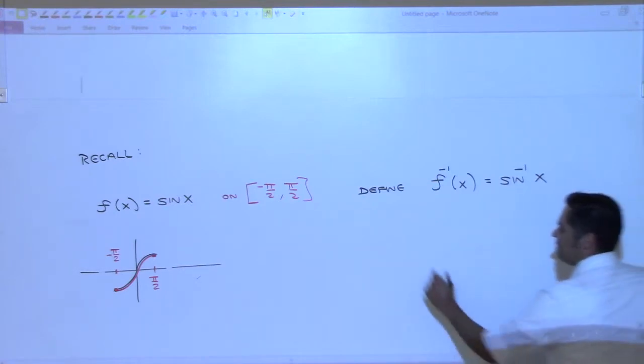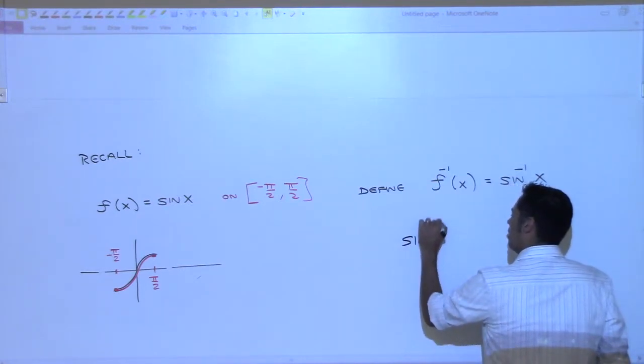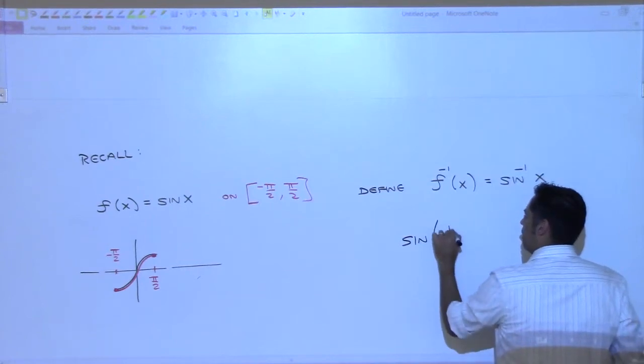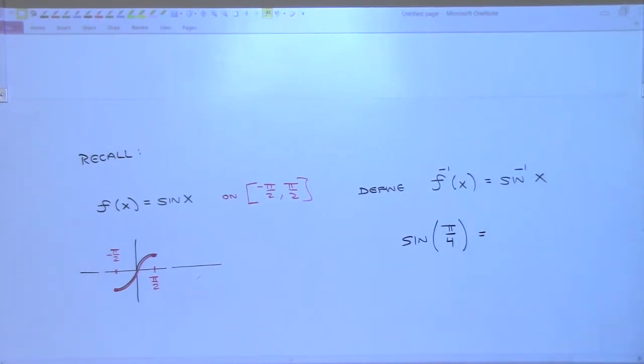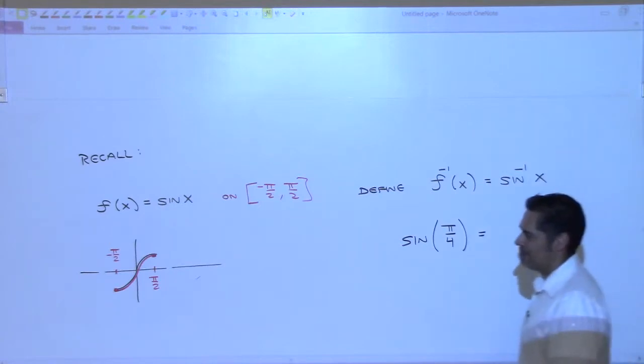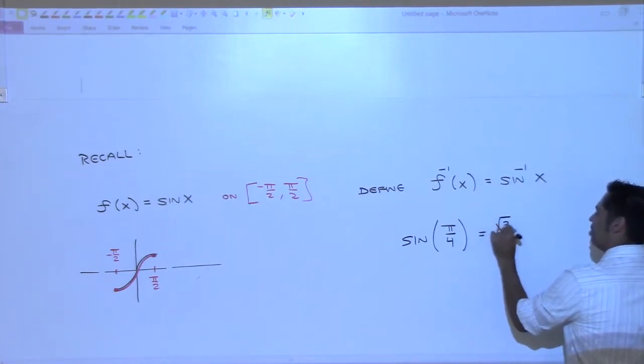So like this, if I say, hey everyone, what is sine of pi over 4? Everyone in here would be like, oh yeah, that's just root 2 over 2.